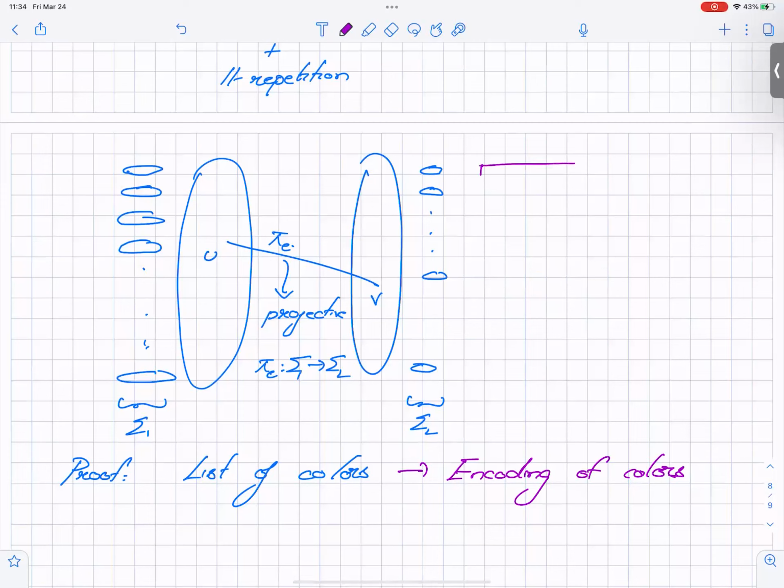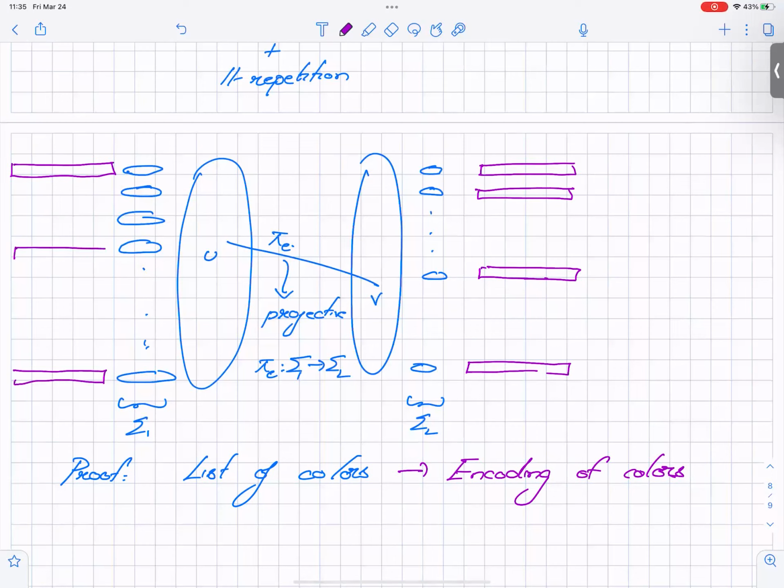Instead of giving this color, you're going to give an encoding of this color. This encoding should be over the Boolean alphabet, because eventually it need not be a bit each, but it would be a string of bits. For every such guy, we are going to expect an encoding of what the actual color should be. And this encoding should satisfy the only constraints we can check.